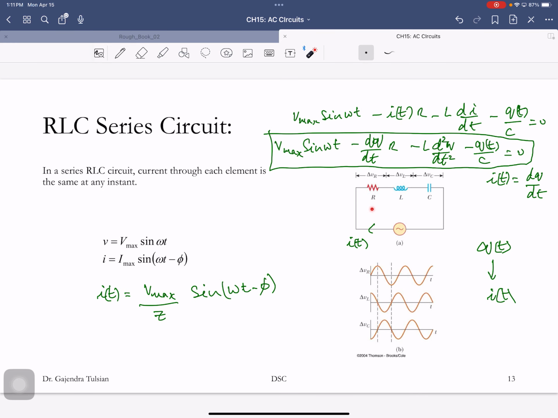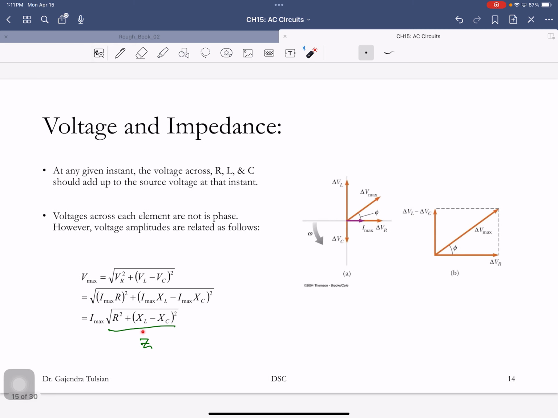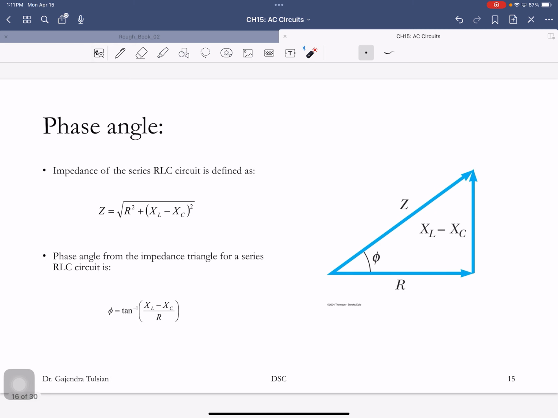Remember, for this load, you're interested in the total resistance, or total impedance, of this load. The impedance of the load is the square root of R squared plus (XL minus XC) squared.